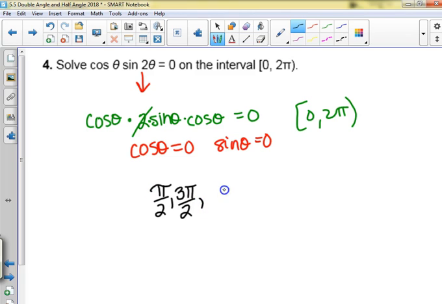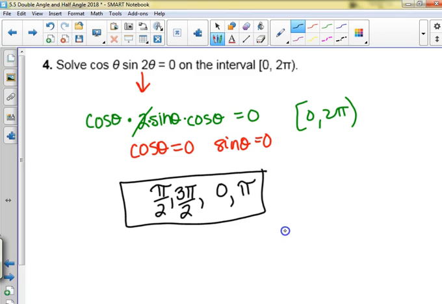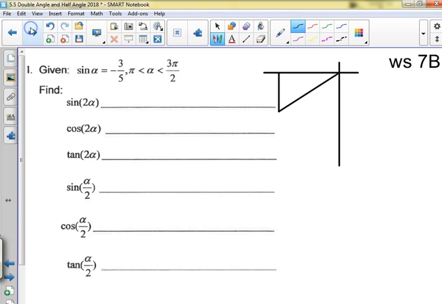The sine is 0 at 0, pi. Do I include 2 pi? Nope, because of the parenthesis. We good? Okay, what if it said all solutions? Plus or minus 2 pi n on the back of everything, right? And yes, there's shorter ways to write that, but let's just go with it.